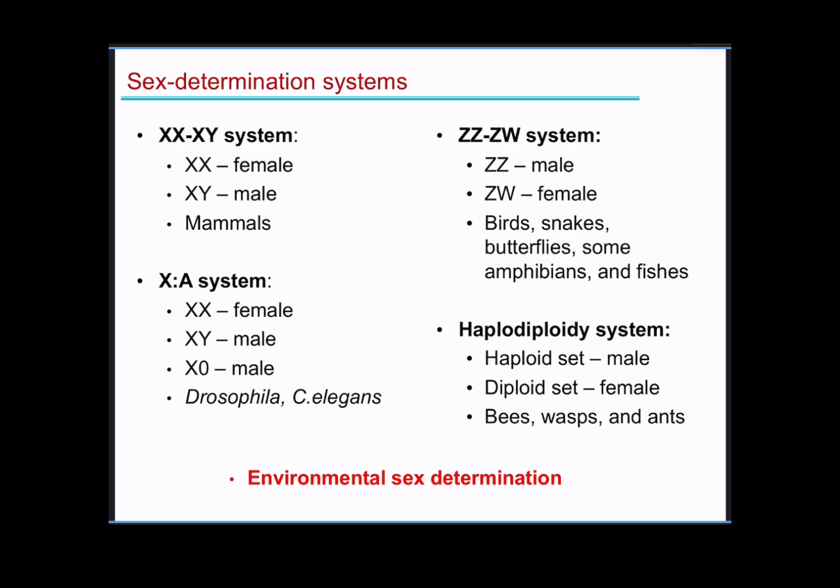So we already mentioned the XX, XY system in mammals. There is the X to autosome system that is present in two very famous model organisms in research, and of course many other invertebrates. In this system, XX is female and XY is male.